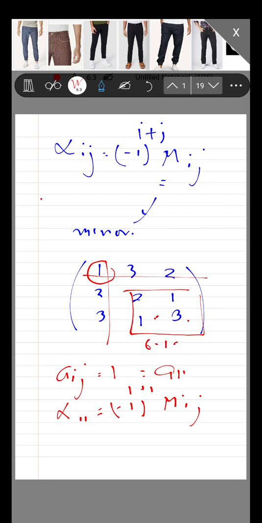So that makes it 5. So the first term in the adjoint matrix will be 5. Similarly, the other terms. So that's how we will get the adjoint of the matrix A.